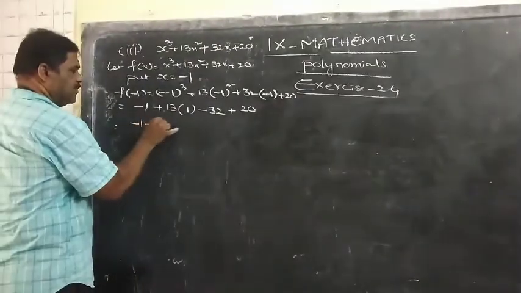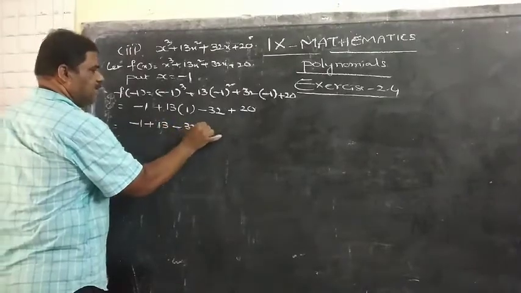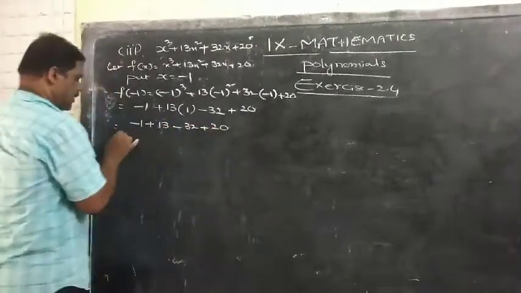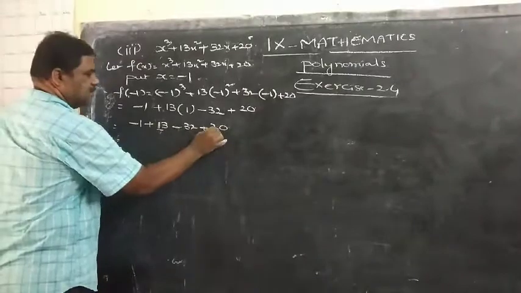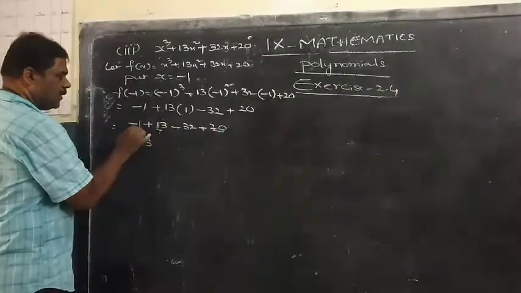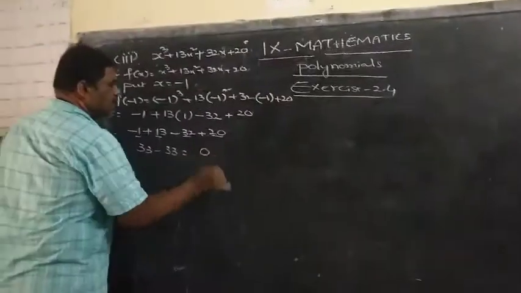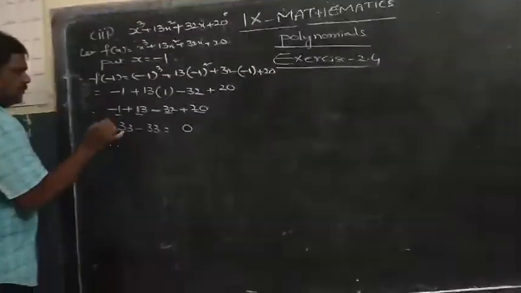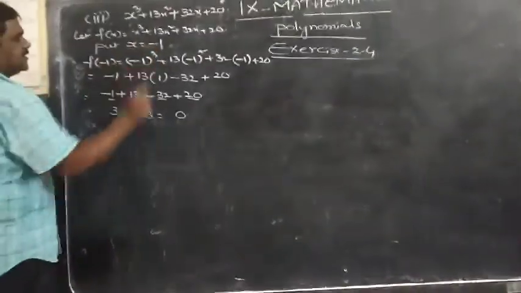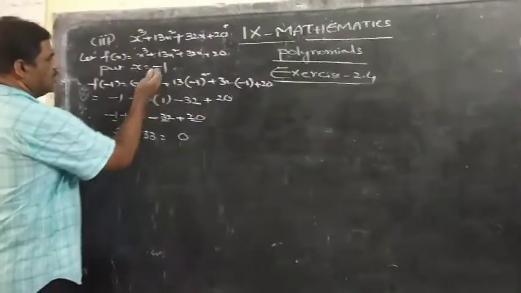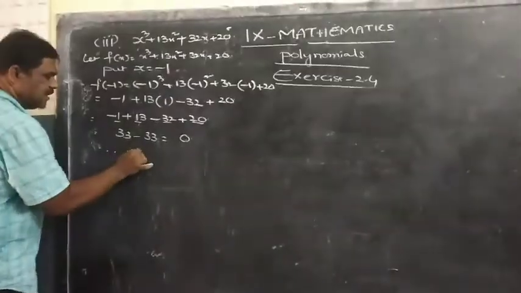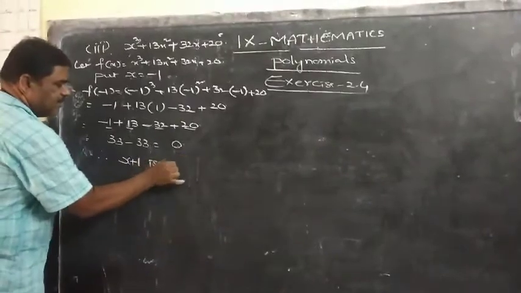This is minus 1 plus 13 minus 32 plus 20. If you add positive numbers, it is 33. If you add negative numbers, it is minus 33. So you get 0 answer. On substituting x is equal to minus 1, we got 0 answer. Send minus 1 this side. So x plus 1 is a factor.